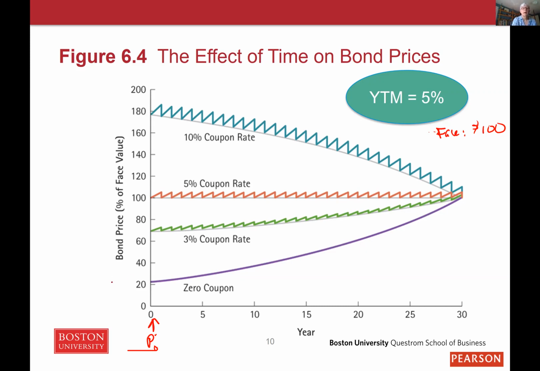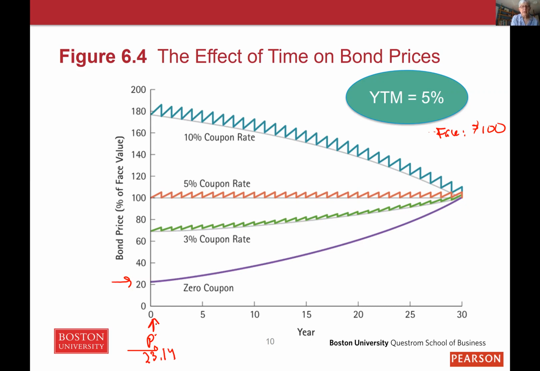We're doing the zero coupon bond. Good. So we have a price when we first buy this bond of $23.14.